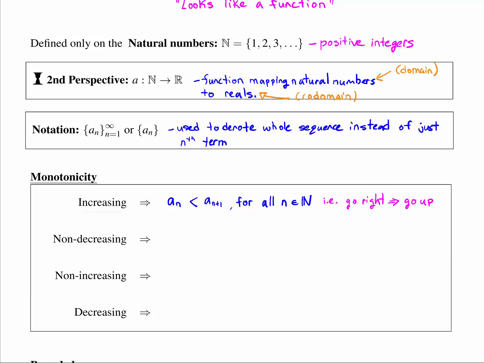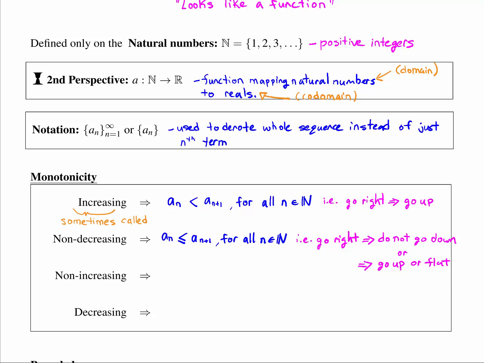Similar to that, but allowing the ability for a sequence to just stay flat for some of the time or the entire sequence, we have the property of non-decreasing. Non-decreasing means that an is less than or equal to an plus 1. So if we go right, we do not go down, which is subtly different than increasing. So increasing doesn't mean non-decreasing.